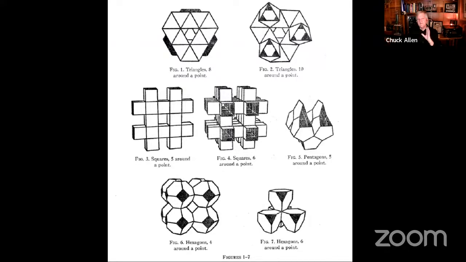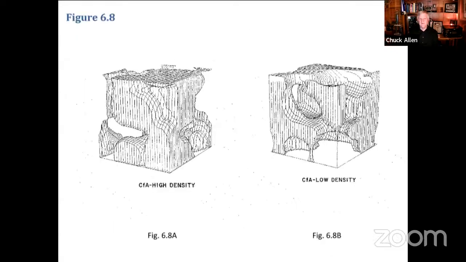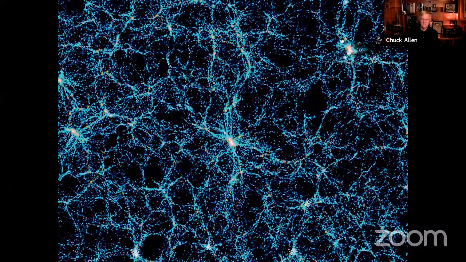And this research into polyhedrons actually led him and a compatriot at Princeton into postulating and then proving that the universe had a sponge-like structure. Think of Swiss cheese, where you can eat your way through the cheese or fly up through all the holes all the way through the cheese. And this led to the discovery of the cosmic web. By the way, he wrote a book called The Cosmic Web based on this.